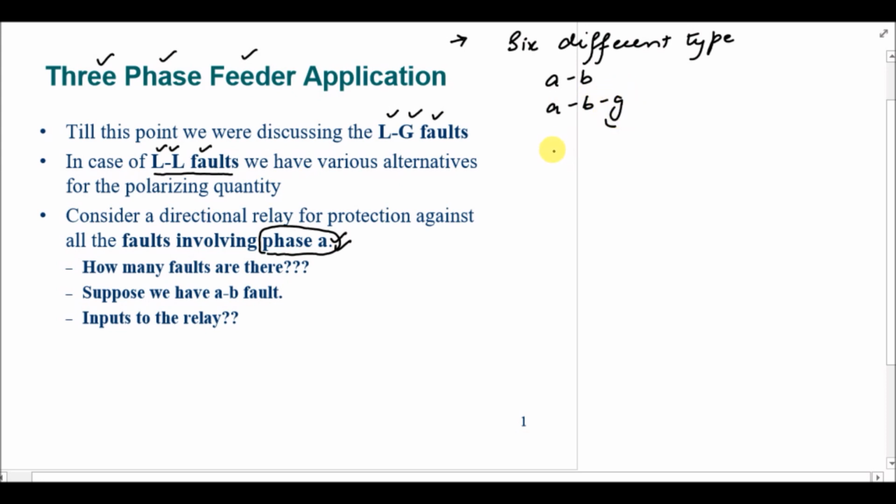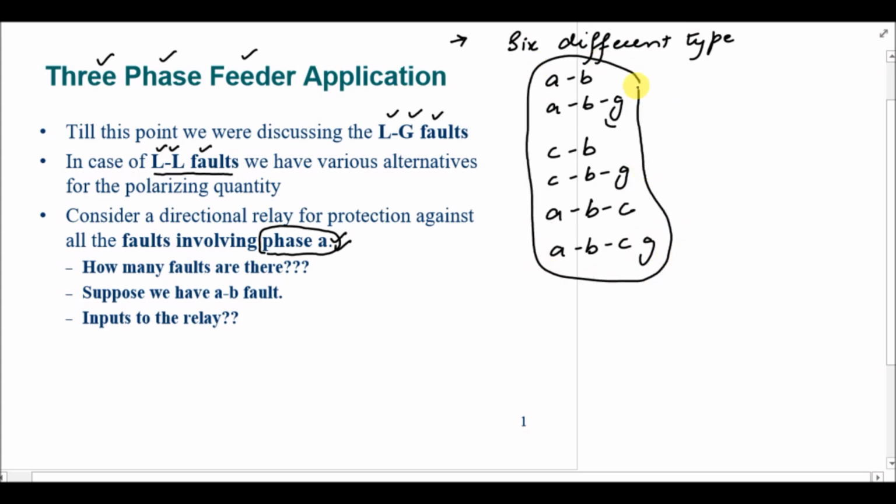Then we have CB or BC fault or CBG fault, and lastly we have a three-phase fault, three-phase to ground fault. So these are the 6 different types of faults that can involve the phase A.